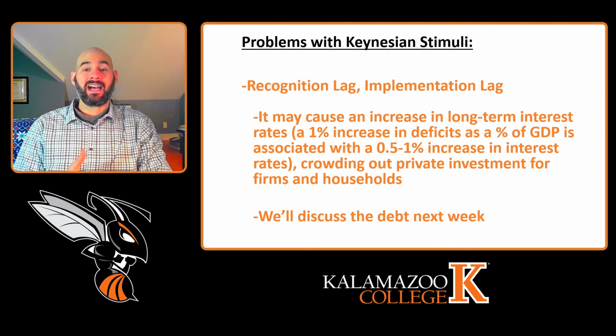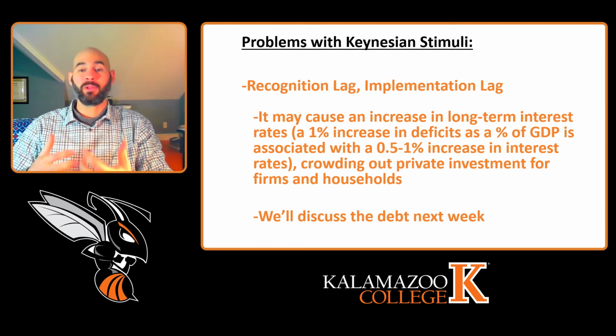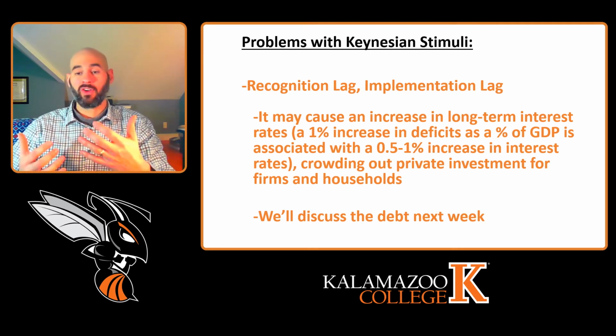Even once they know what is happening, if there was to be no recognition lag, there would still be an implementation lag with discretionary fiscal policy. Once Congress passes a stimulus policy, all of the funding, all the government spending isn't going to get into the hands of consumers or of firms immediately.